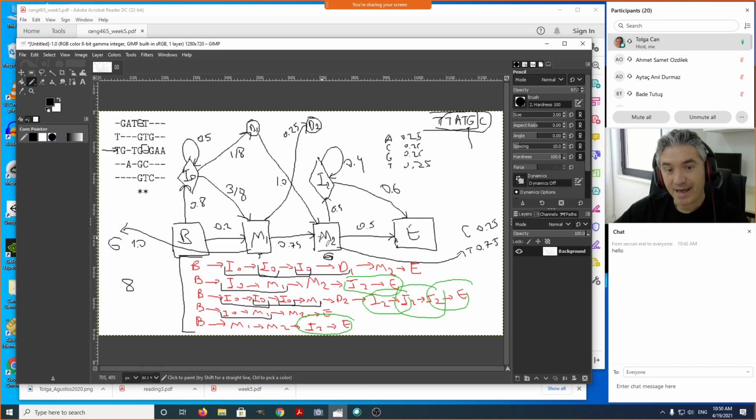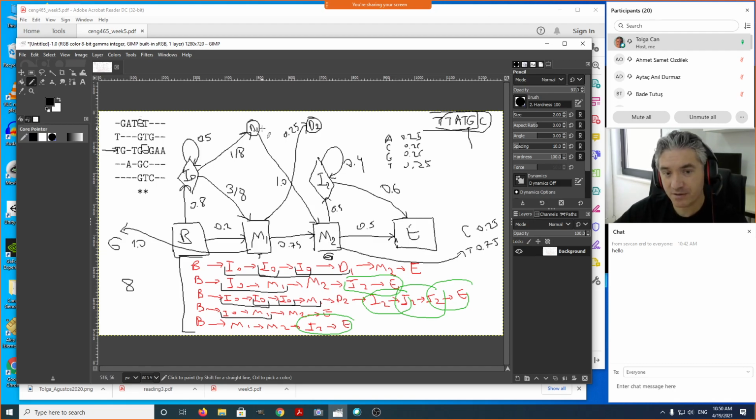The best path that ends at M2 and the last thing that emits G, if you want to figure out what the best path is, you have to compare only two things. What is the best path that ends at D1, forgetting about the previous cases? Because from before M2, you only have two choices, right? You either have to be at M1 or D1.